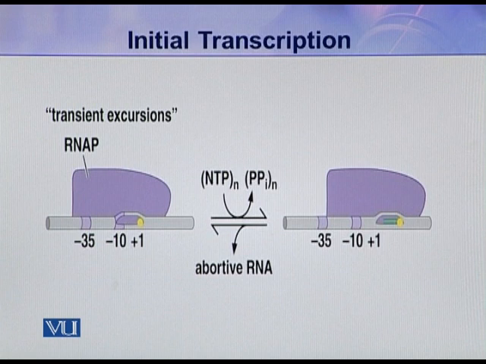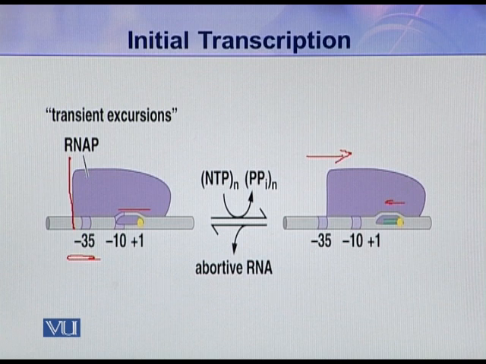Here you can see the minus 35 element, and polymerase lies here. It starts synthesis here, and after synthesis it has moved forward, but after synthesis and release of the abortive transcript, it comes back to its original site, which is minus 35.